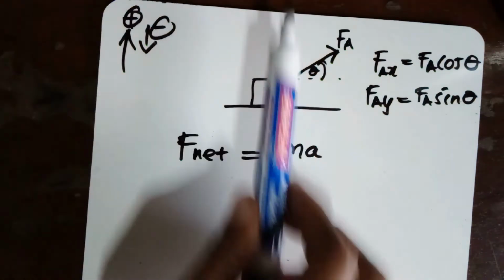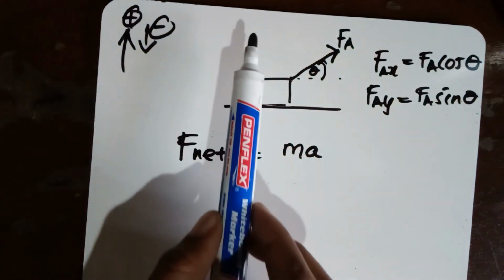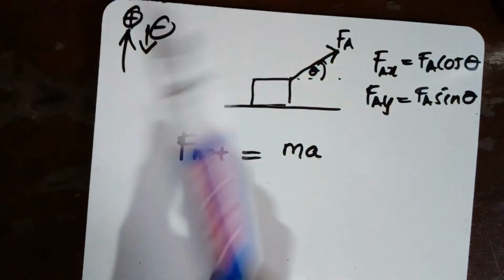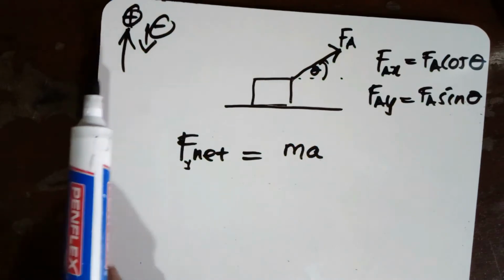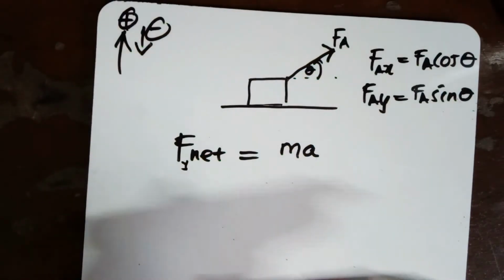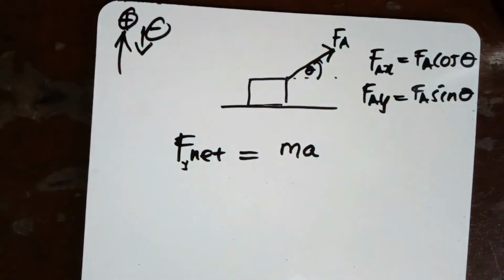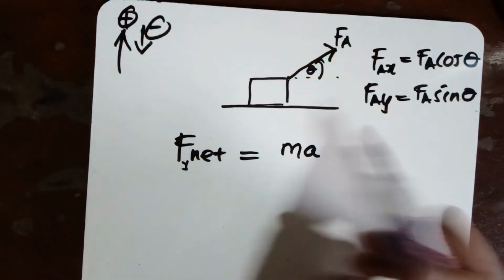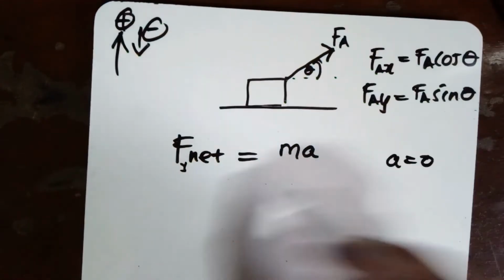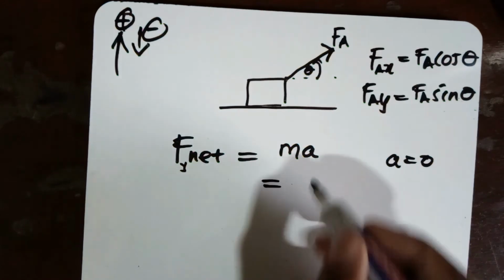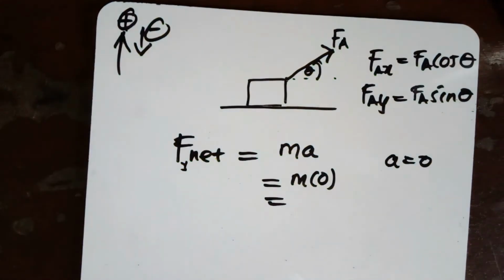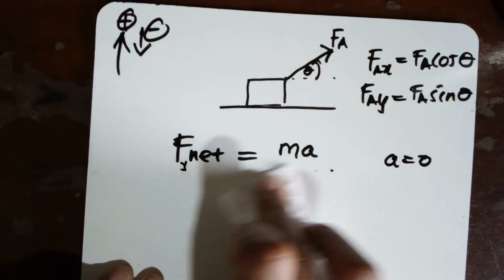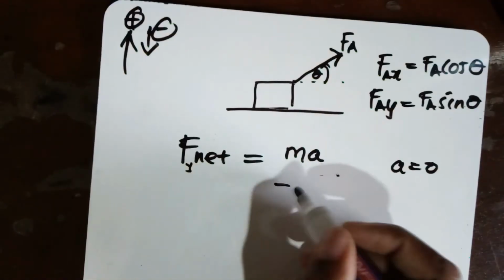Remember, this object is not moving up or down at all, so it's not accelerating in the y direction. We're not concerned for now with the x direction. If it's not accelerating in the y direction, it means a is 0, so this would be m multiplied by 0, which is 0. Any number multiplied by 0 will give us 0.